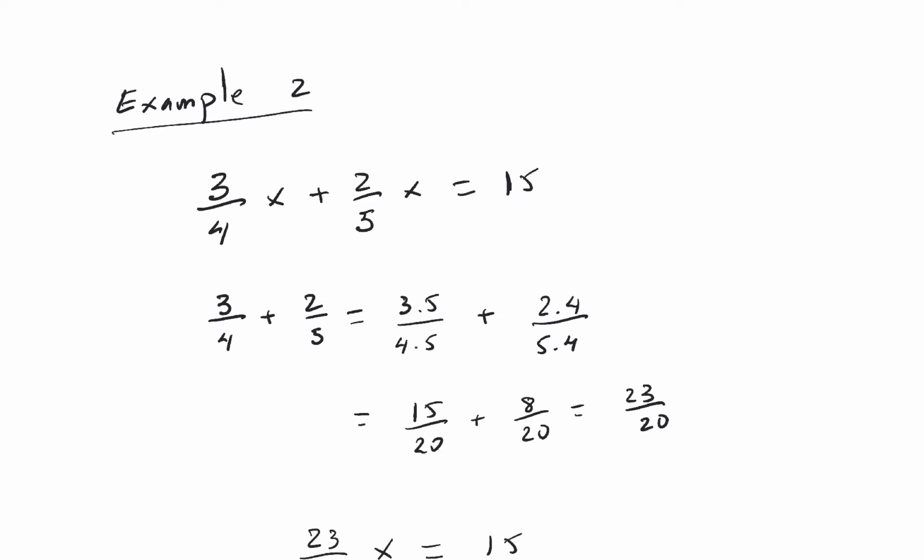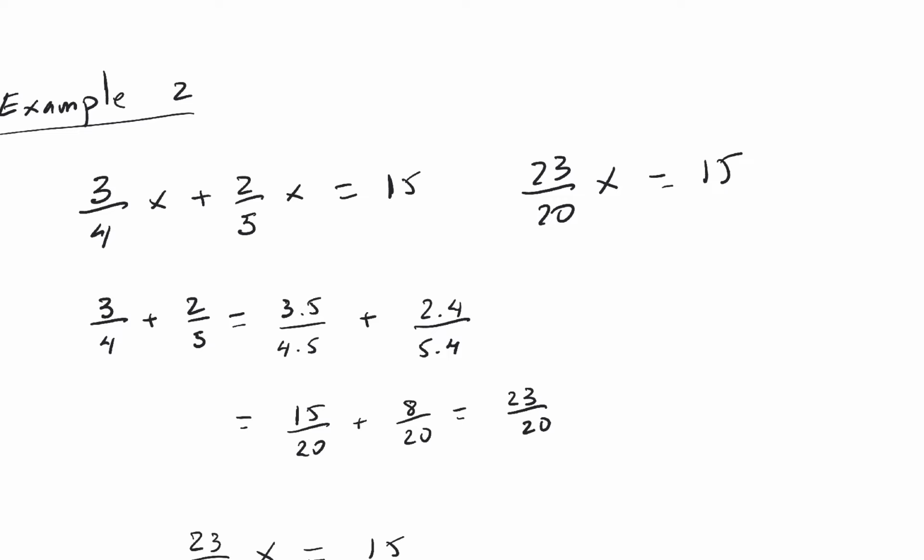So the equation that I have is 3/4 x plus 2/5 x is 23 divided by 20 x equal 15. And now I have another step. I need to isolate the x. How will I isolate the x? I multiply both sides of the equation by 20 divided by 23. On the left side we'll have the x.